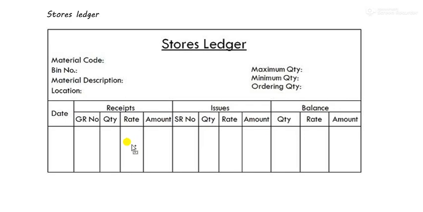They tell you that 5,000 units are purchased for 5 rupees per unit, and they also give you the number of units sold, like 2,000 units were sold. The only thing they do not give is the rate for sales. They tell you to find out the rate of sales on your own.